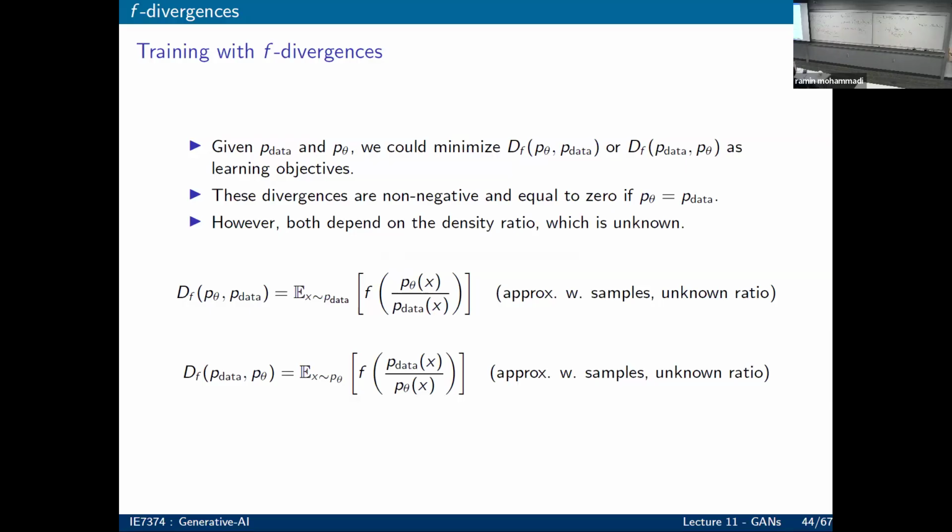The challenge with both of these is that you need this ratio to calculate it, and that ratio, similar to everything we have seen so far, depends on P_theta and P_theta', which most of the time we don't know. That's the challenge with most of these algorithms: this divergence requires that ratio.